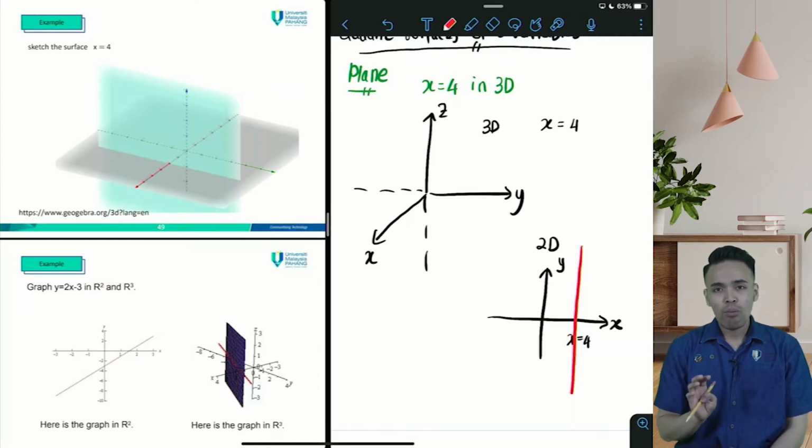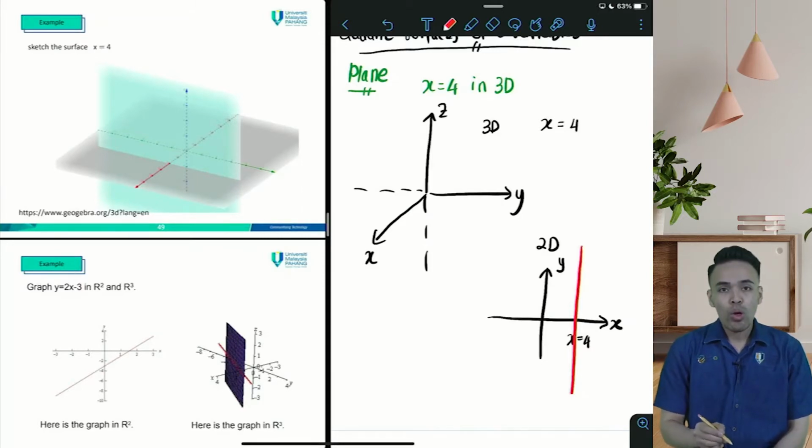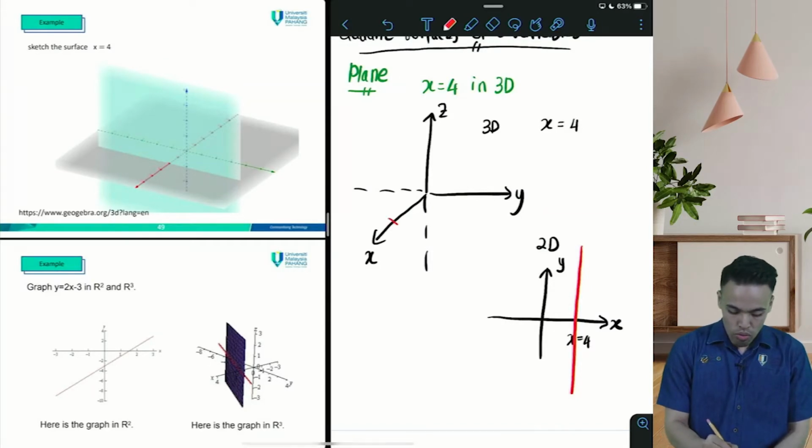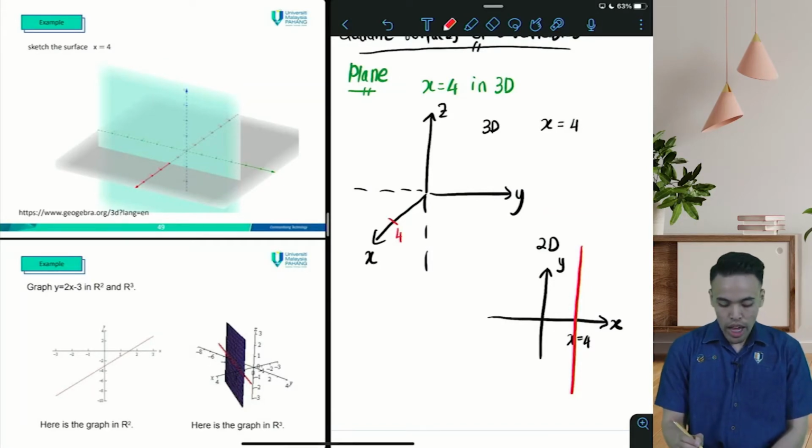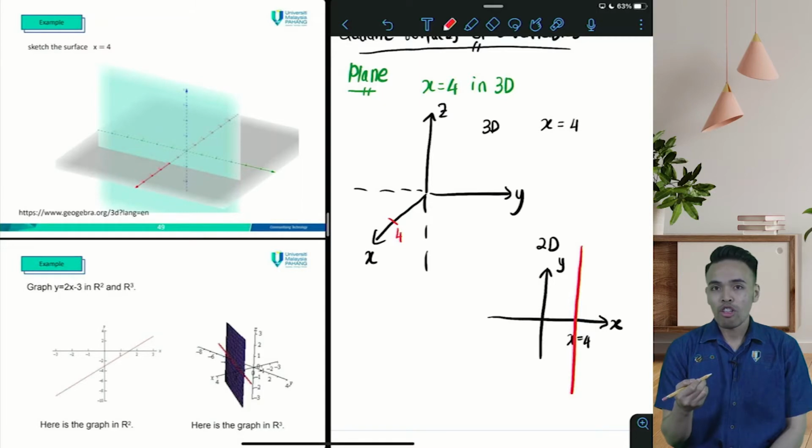So this information is very crucial when you try to illustrate it in a 3-dimensional coordinate system. As you can see from the screen, we first have to locate where x is equal to 4. So this is the location for x is equal to 4. According to what I explained in the 2-dimensional coordinate system, if a variable is missing, you can simply say that the value for that missing variable is arbitrary, which means you allow it to be any value.